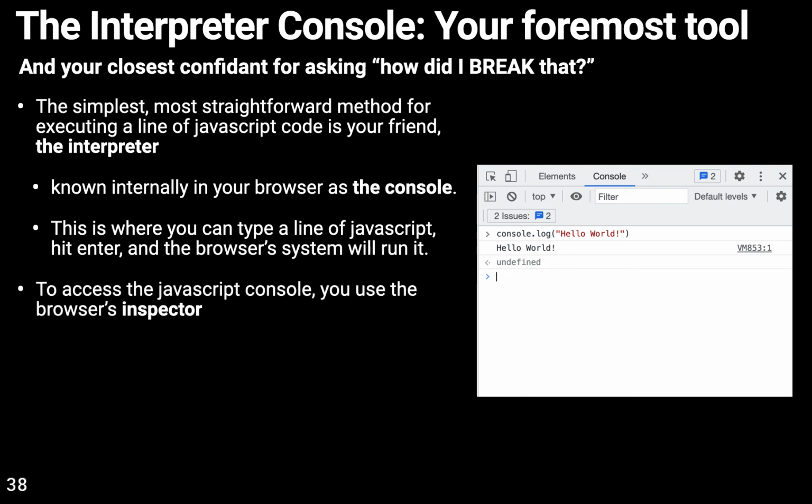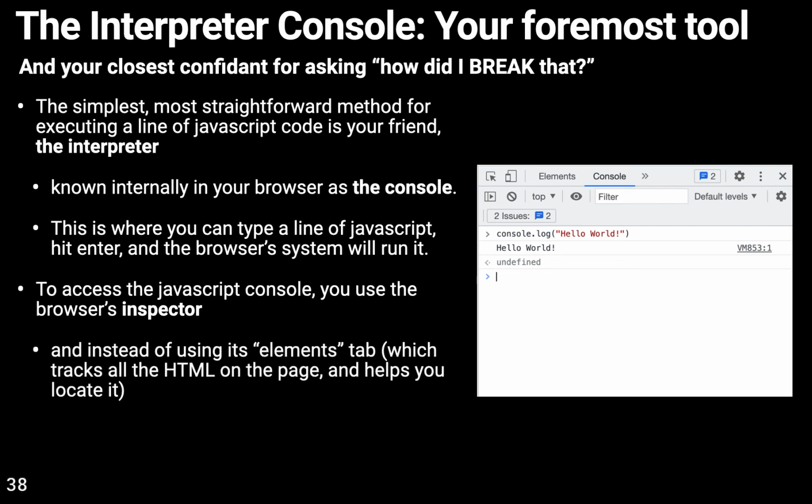So to access the JavaScript console, you use the inspector, right? We've been using the inspector to look at the elements of a page. Now we can open the same thing and go to the Console tab instead. So instead of using the Elements tab, which is great for all the HTML objects on the page, you can go to the Console tab.